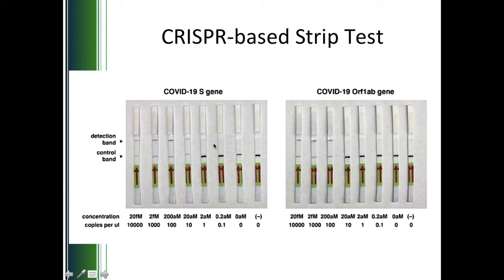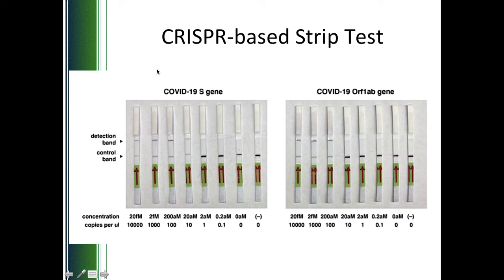So a particular gene in the virus RNA can be identified using CRISPR, and the entire thing is designed so that it is carried out on a lateral flow test strip. So it's a strip test, and therefore it doesn't need any machine.